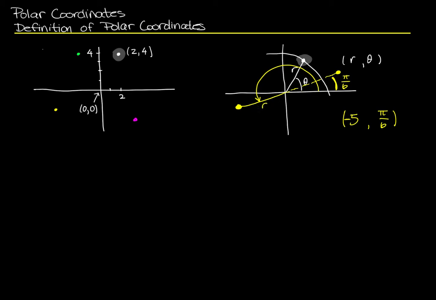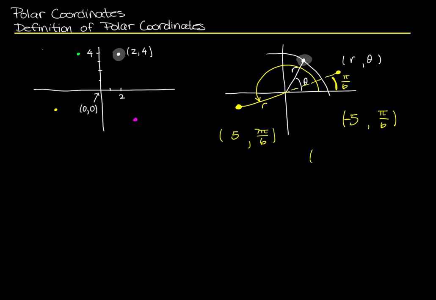The other way I could describe it would be to say that my radius is 5, but positive, so now I'm starting here and going in this direction right from the beginning. But to get there, I have to go around this angle, and that's 7 pi over 6. So I can either have a positive radius with a larger angle or a negative radius, in this case with a smaller angle.